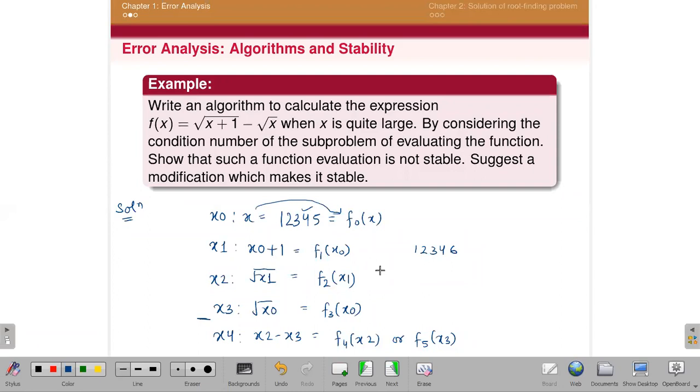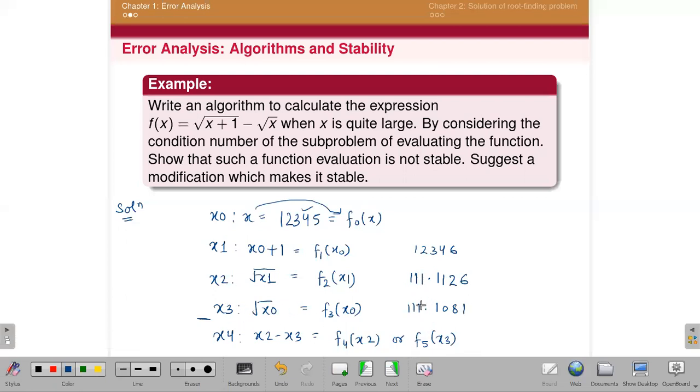So let us find this value. Root of 1, 2, 3, 4, 6 is 111.1126. I have rounded it off up to 4 decimals. Okay. So in the next step, you have to find root of x naught, means root of 1, 2, 3, 4, 5. So it will be 111.1081. Okay.